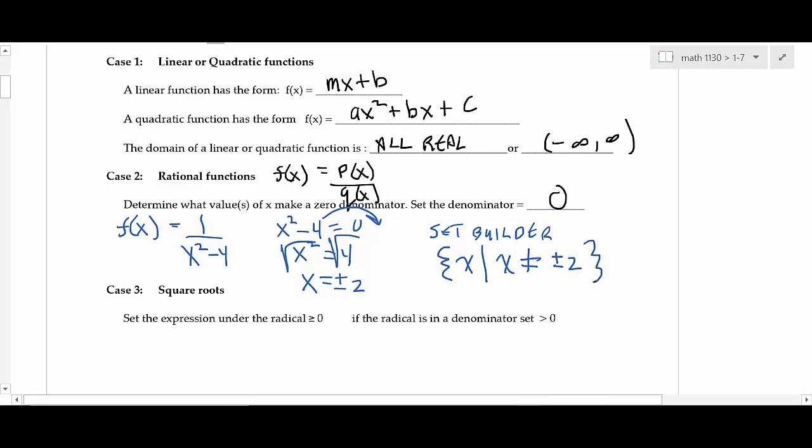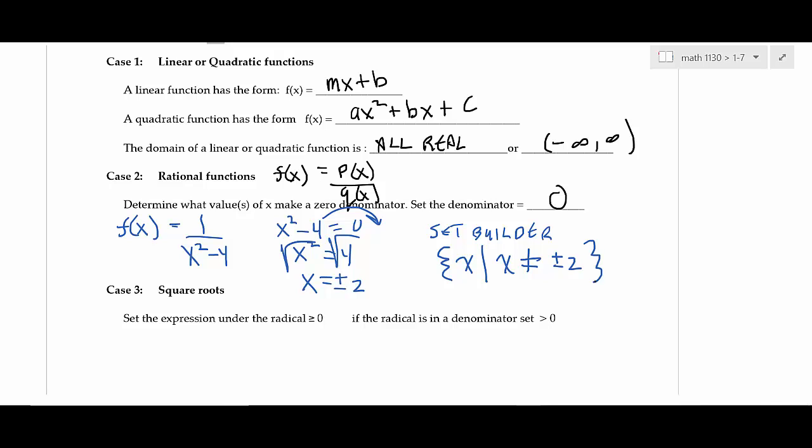It's good enough to write it that way. Set builder notation just says you're telling me what x can be. It's all the x's. x can really be anything except plus or minus 2. You read that as the set of x such that. That's just a mathematical symbol for such that, and you'll see me do that all the time. So that would be what you're doing.